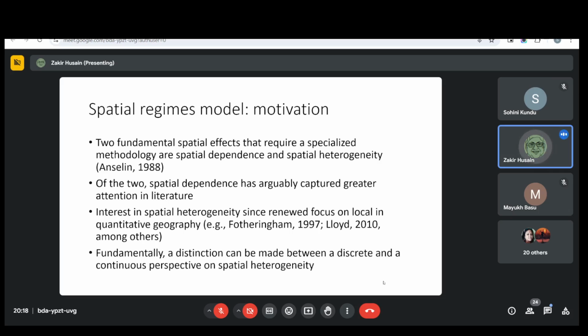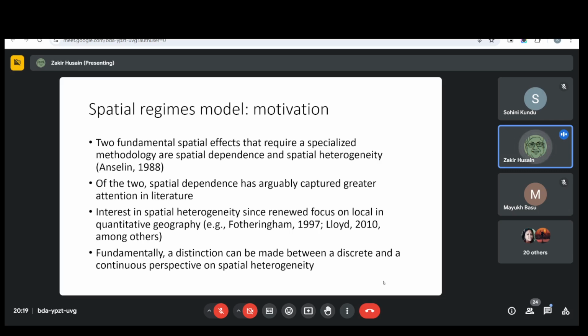Towards the end of the earlier century, Fotheringham 97, Lloyd, current century 2010, these people started renewing the focus on local aspects in quantitative geography. So unlike global Moran's I, unlike SAR models, which have a global perspective, Fotheringham and his colleagues turned the attention to the local context. So they focus on different units or clusters.